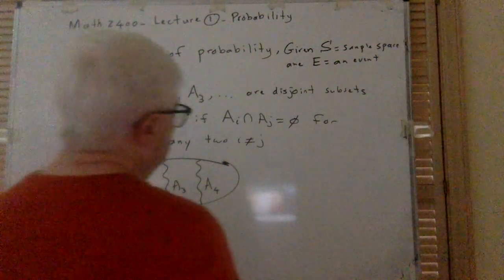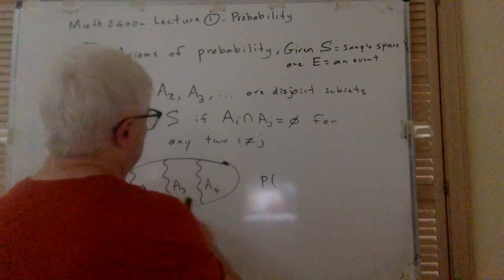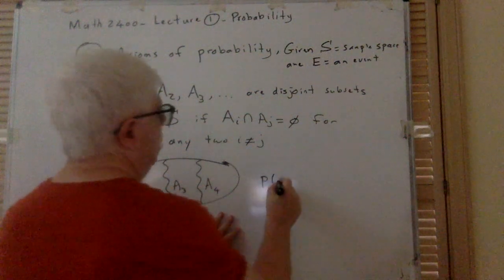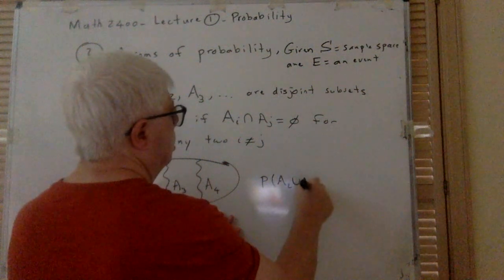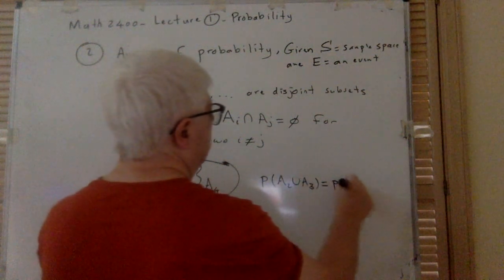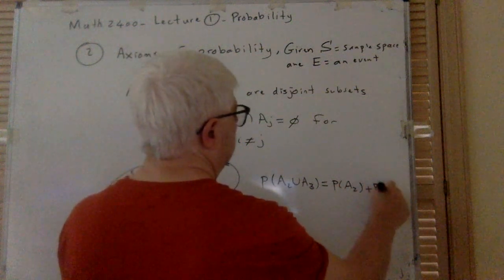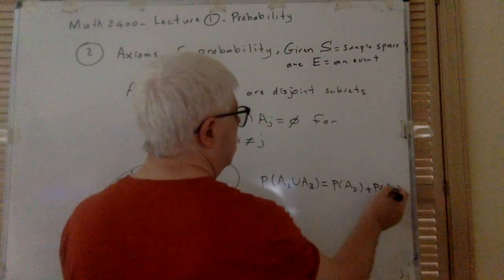So this means that the probability of, say, A2 union A3 is in fact P of A2 plus P of A3. That's the meaning of that sigma.